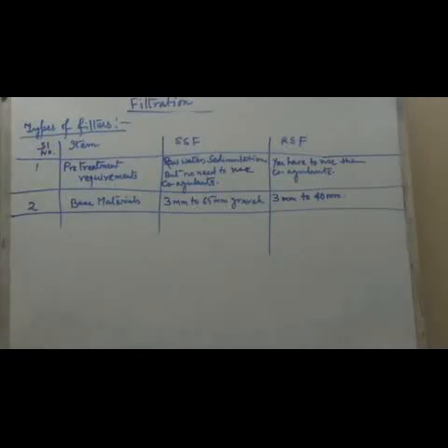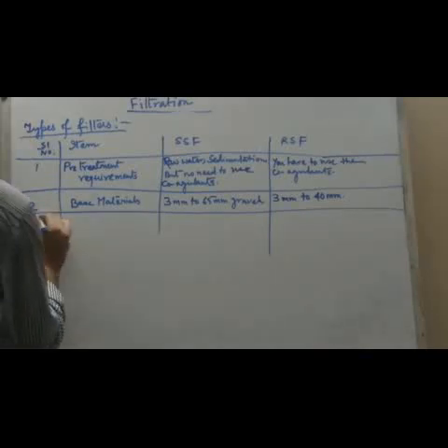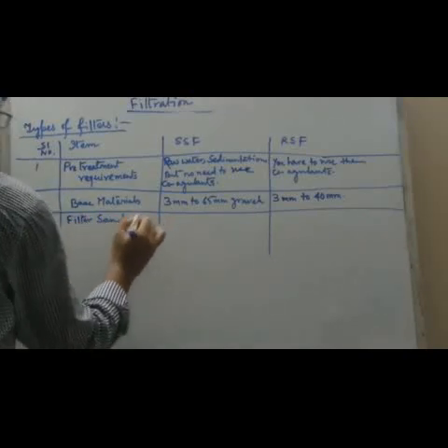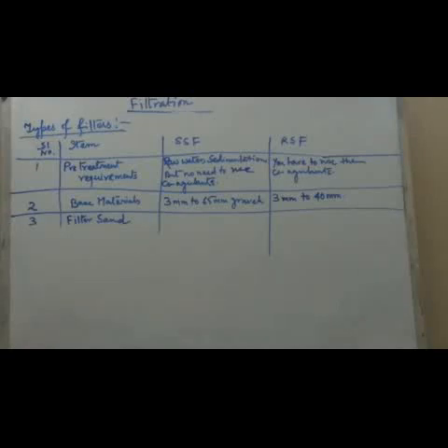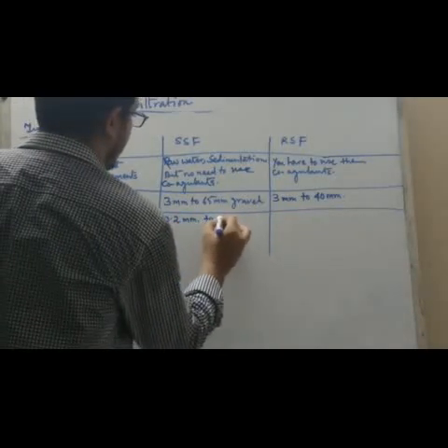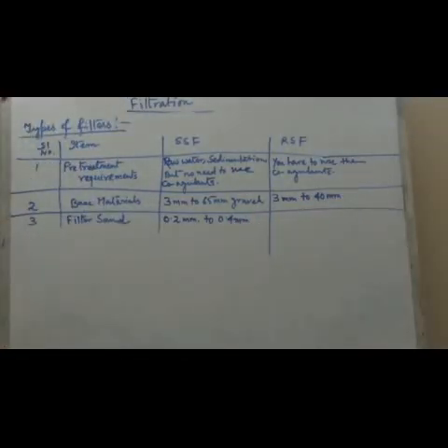The third thing is the filter sand. For the slow sand filter, the effective size of the filter sand is 0.2 mm to 0.4 mm.